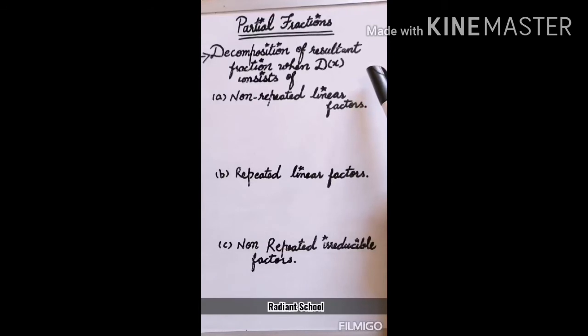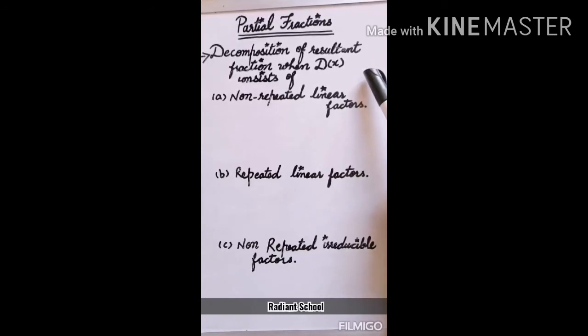So students, this question will come to your mind: can we convert all types of fractions into partial fractions, or are there some special types of fractions that we can convert into partial fractions?